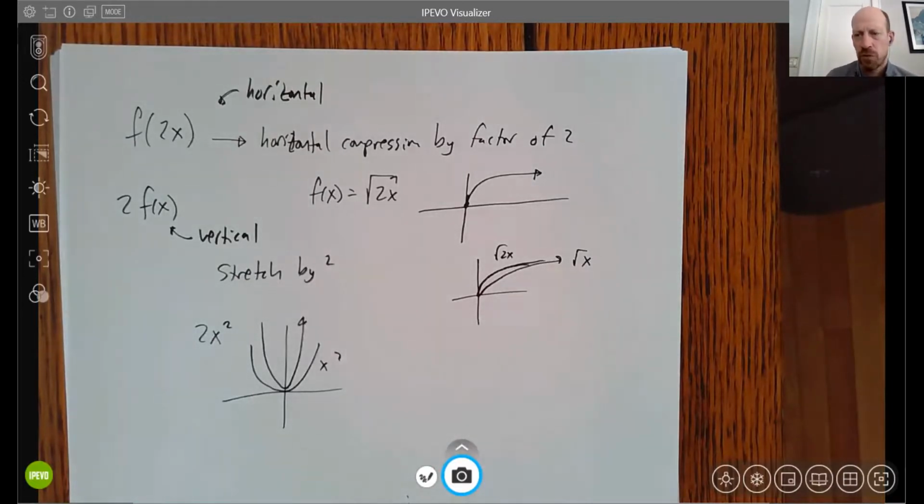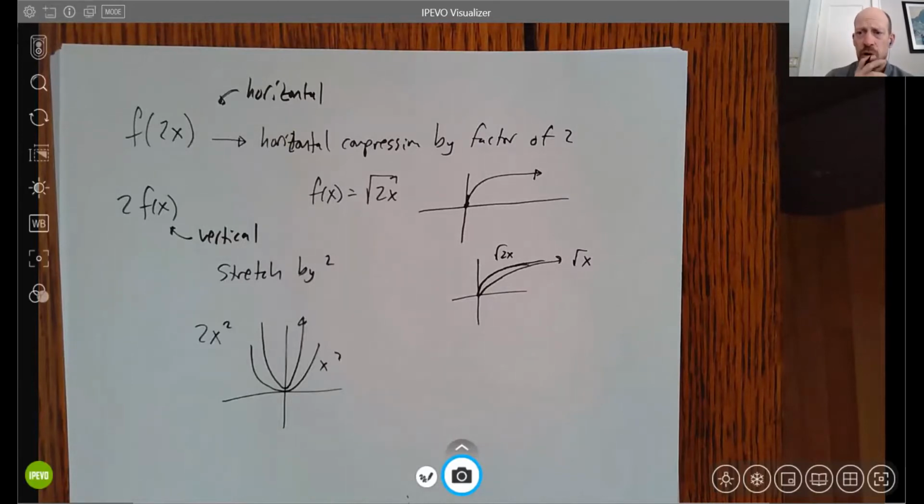Okay, so those are the horizontal and vertical stretches and compressions. And again, you may see one like that on the exam, or you may not. You'll certainly see some shifting and reflecting.